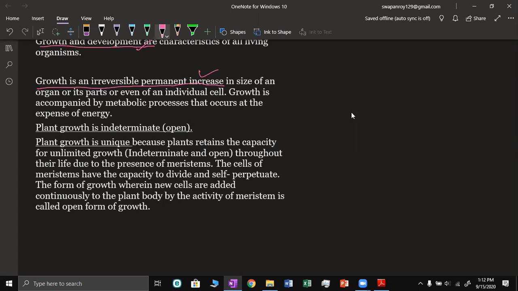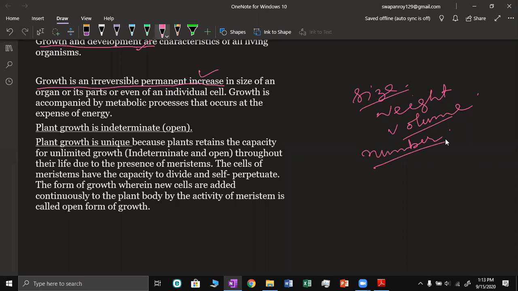The increase may be in size, in weight, in volume, all sorts of increase, or in number. Multicellular organisms grow by increasing the number of cells, and along with that, of course, the weight and volume also increase.